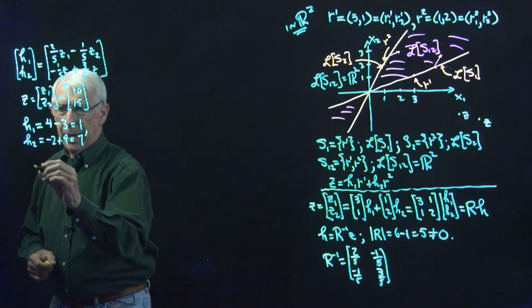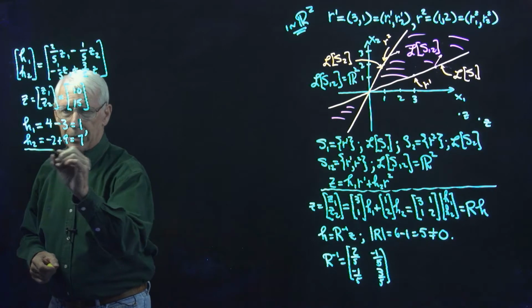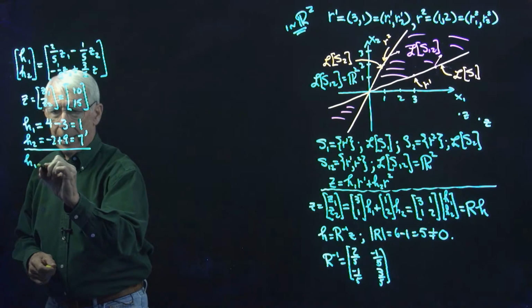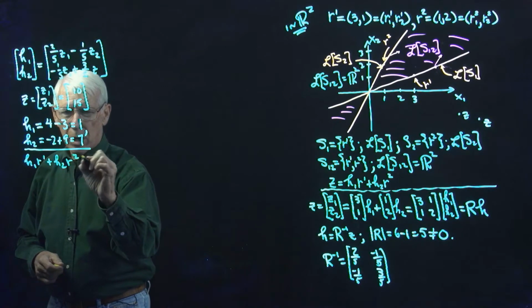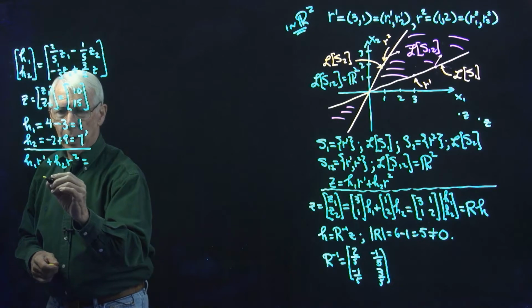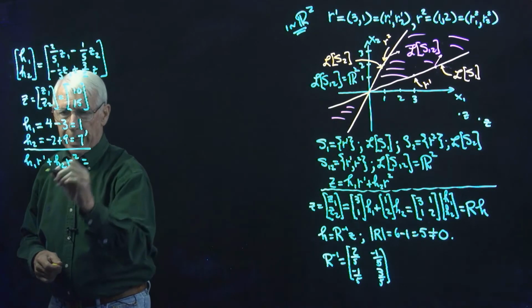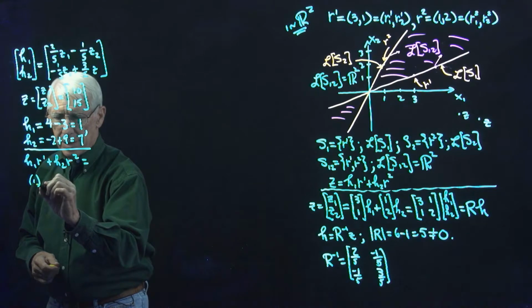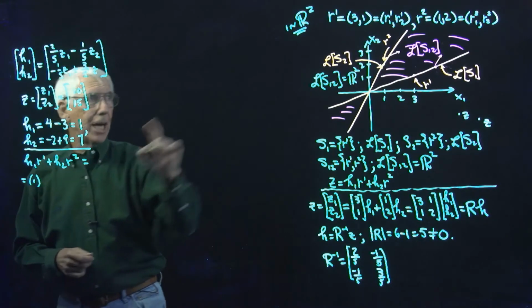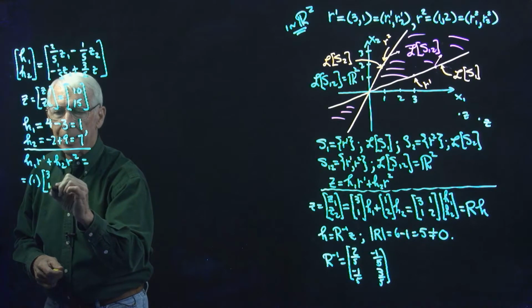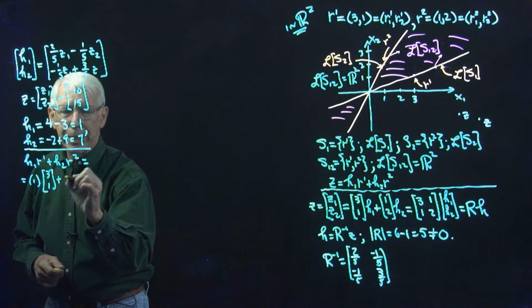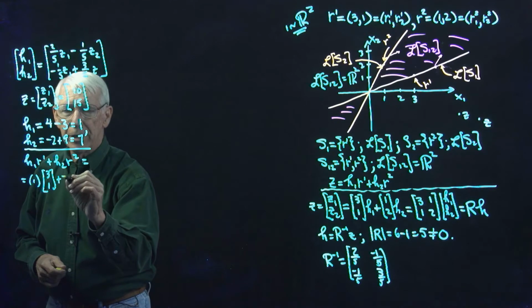So if I have H1R1 plus H2R2, that's going to be 1 times R1, which is 3, 1, and again, I'll write it as a column vector here. Could write it either way. And plus 7.